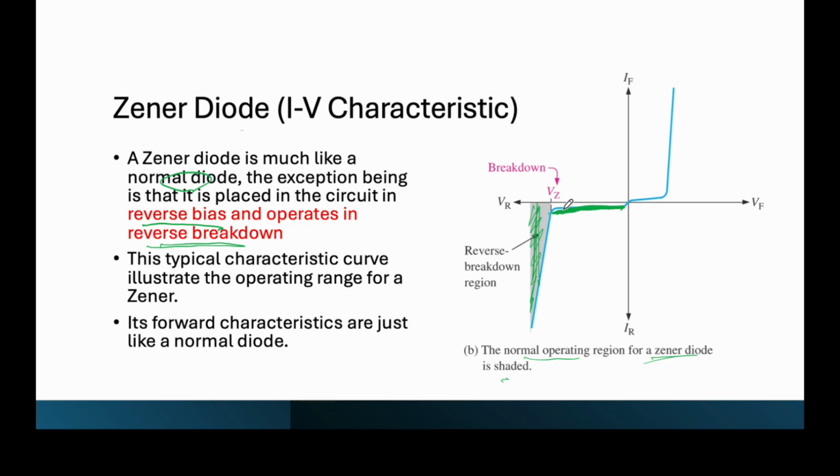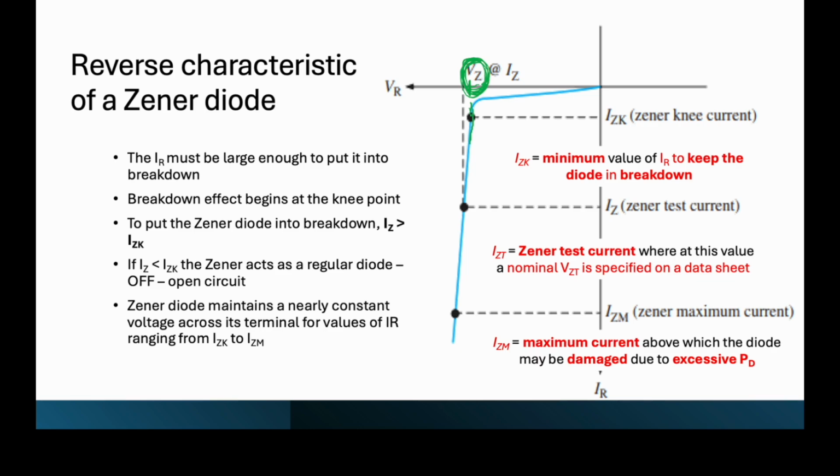Suddenly, when it reaches the VZ voltage, it starts to decrease drastically. At this particular part, same as what we learned in the normal diode, when there is a transition between the slow increase and the drastic increase, we call it the knee. That's why you can see here there is an IZK. IZK here refers to the Zener knee current.